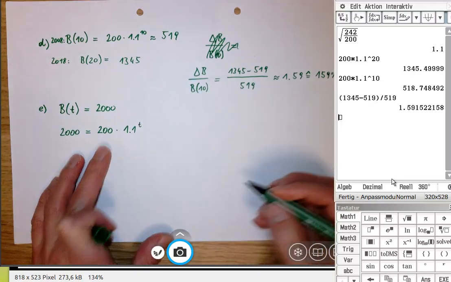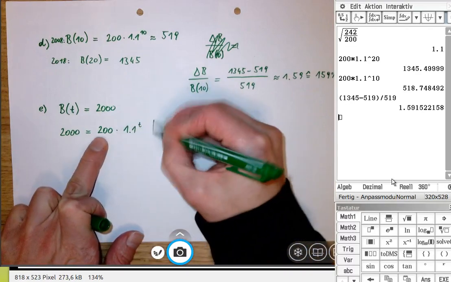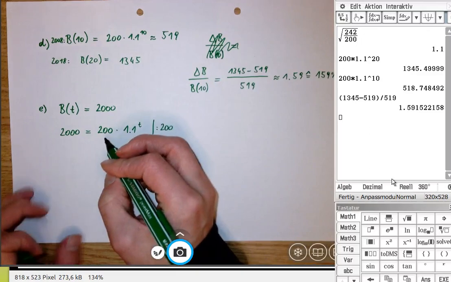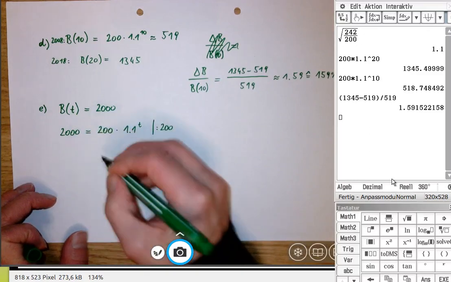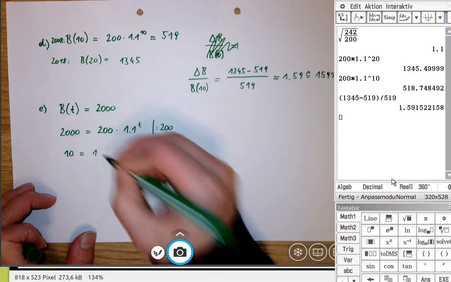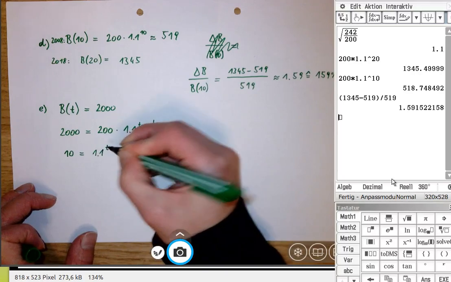We don't know t. How can we solve that? Let's first divide by 200. That's easy. 2000 divided by 200 is just 10. 10 equals 1.1 to the power t.